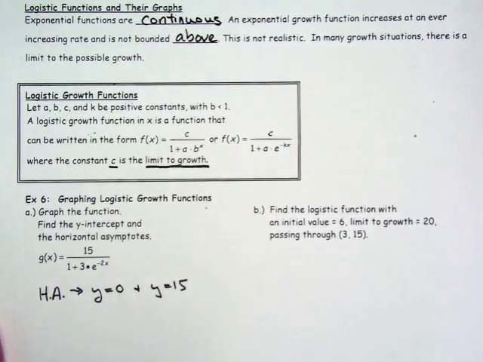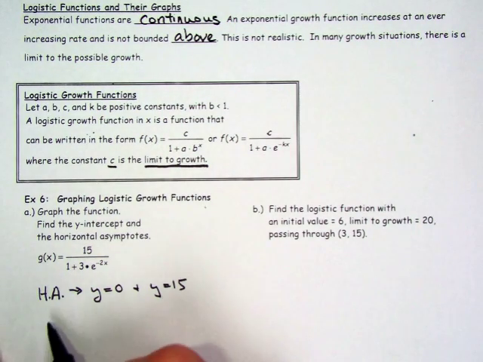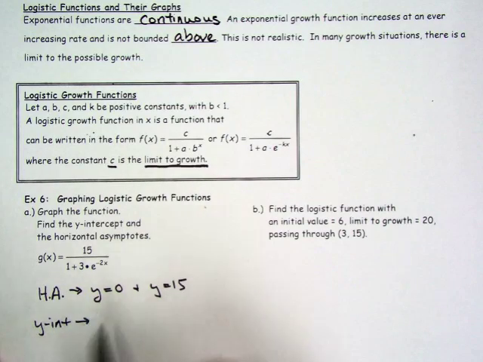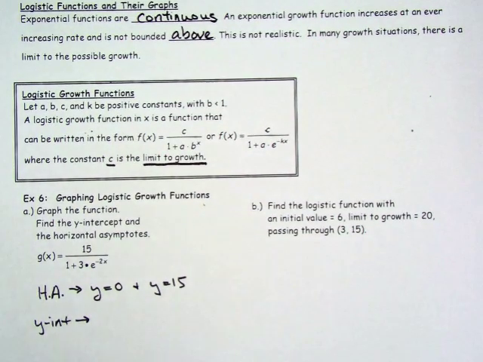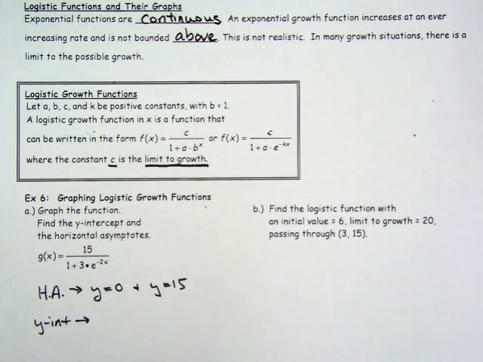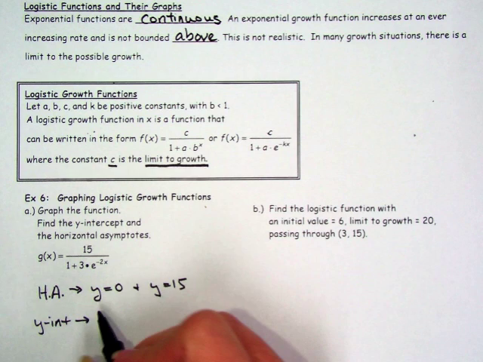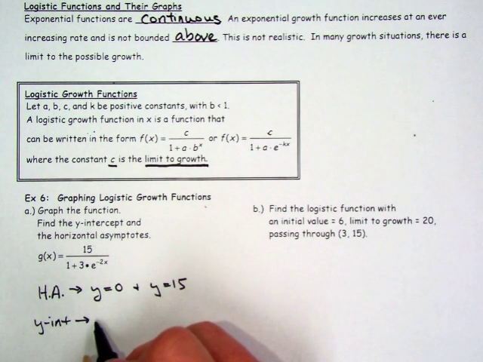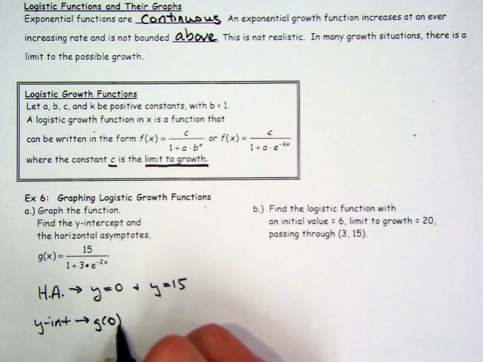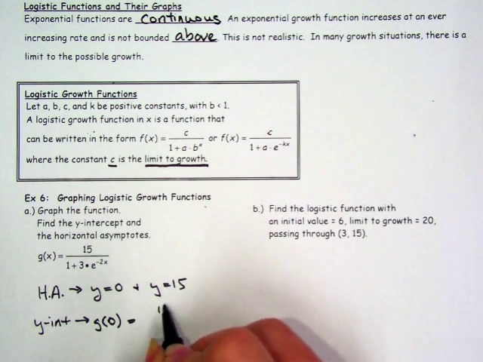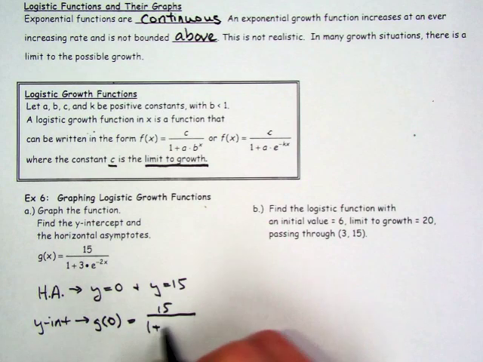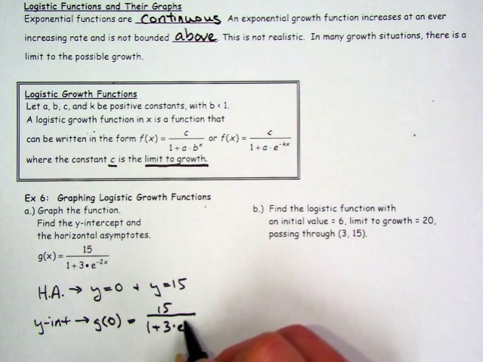We then have our y-intercept, a key value on really any function, but in particular our logistic growth functions. What happens at time 0? Well, let's put 0 into our function. We want to find g of 0. So it's 15 over 1 plus 3 times e to the negative 2 times 0.